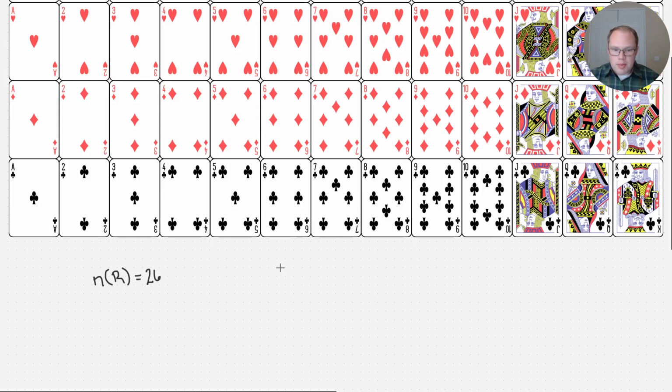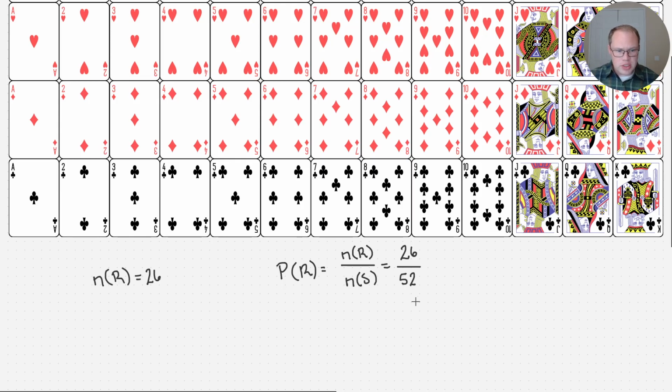So for the probability of drawing a red card, we use our formula: the total number of cards that are red, divided by the total number of cards in the sample space. Now we've already done the hard work for this. The number of red cards, that's 26. The total number of cards in the deck, that was 52, remember?